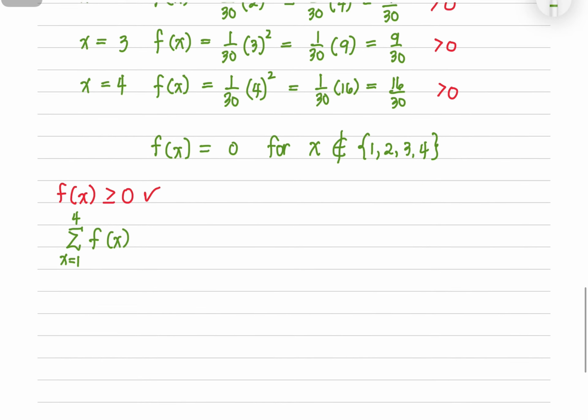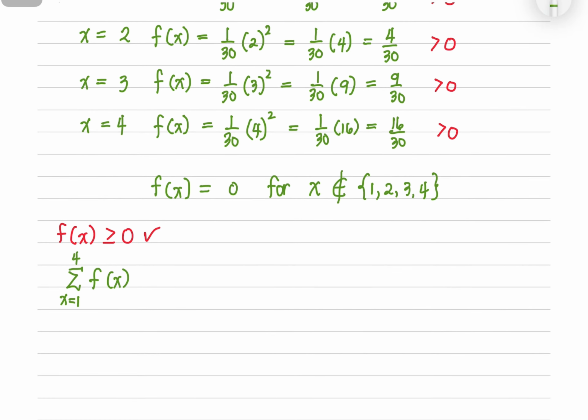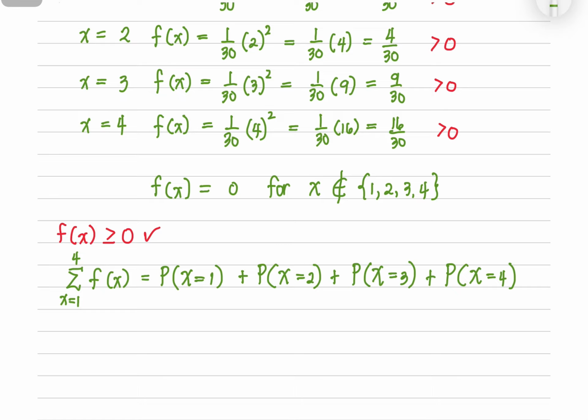Okay? Sa ating value ng random variable. And then, by substitution, so this is p of x is equal to 1 up to 4, no? Okay, plus p of x is equal to 2, right? So, x is equal to 3 plus x is equal to 4.